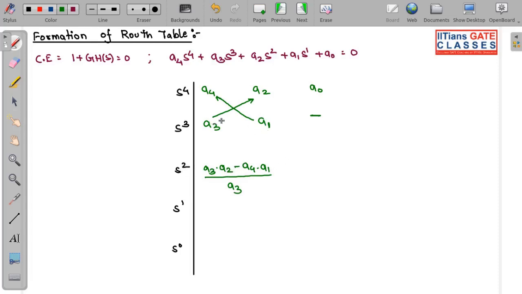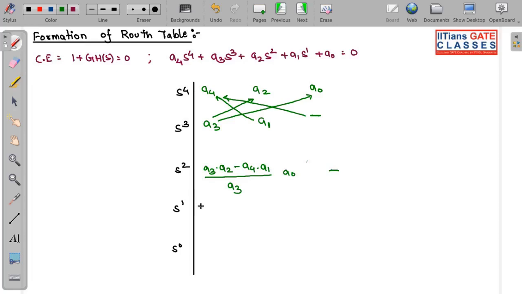Next, again cross multiply this with this and subtract. That will be a3 dot a0 minus 0, since 0 into anything will be 0, divided by a3. So a3 cancels, and the only thing remaining over here will be a0. So this is a0 and next will be blank.